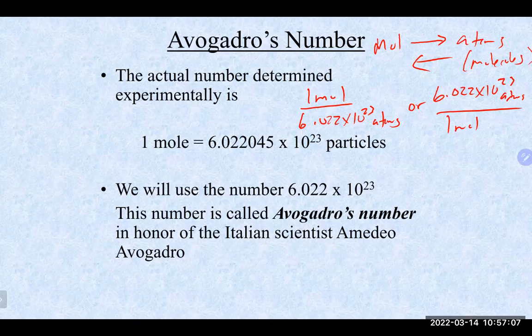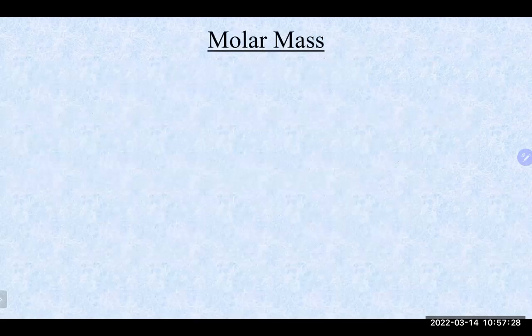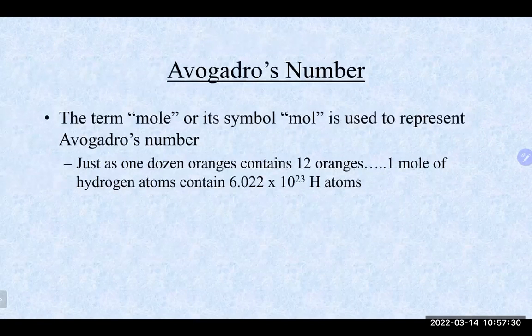If it really doesn't mention any of those things, you should leave Avogadro's number on the side. I've seen people use Avogadro's number at the front of the calculation, and then luckily use it at the back, and it cancels out. They divide by it and multiply by it later on. But don't use it in every situation. It does need to be one of those situations involving atoms, molecules, or something like that.